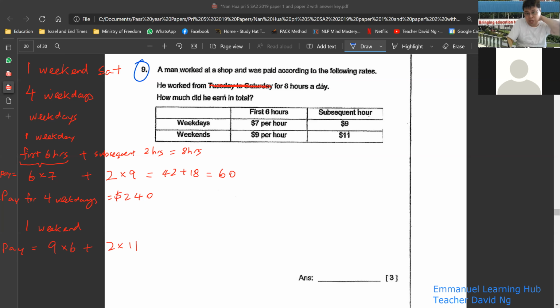Because it's still 8 hours on Saturday. So 6 hours times 9 plus 2 times 11. 9 times 6 is 54, 54 plus 22 equals 76. That's the pay for just 1 weekend.